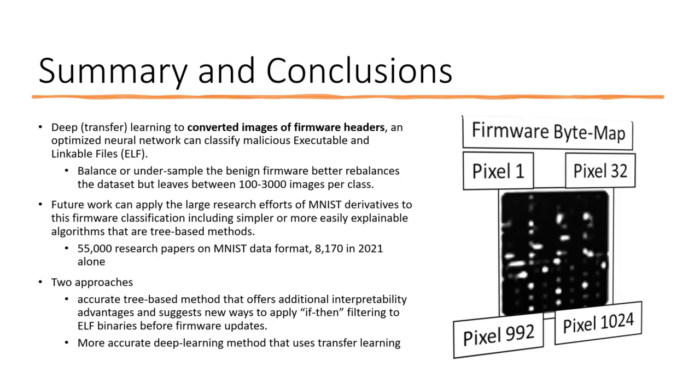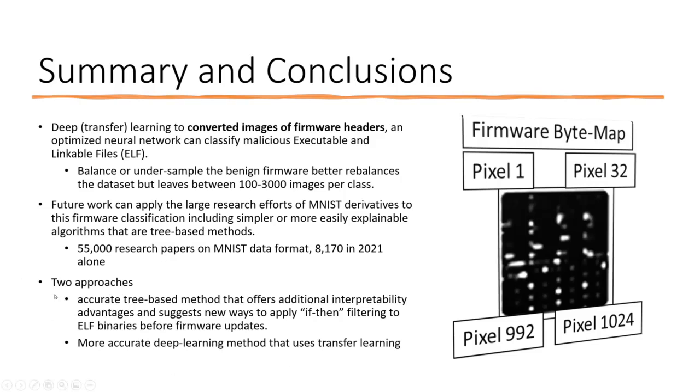People often say that what fruit flies are to biology, MNIST is to machine learning, meaning if I'm going to test a theory, it needs to work on MNIST before I take it to more challenging problems. The beauty of what this approach offers is we can inherit all of the techniques, all that people have learned about this data set, and apply it to a new frontier in Internet of Things malware.